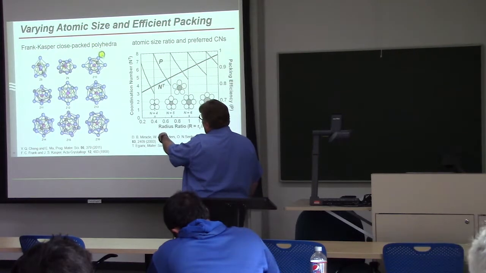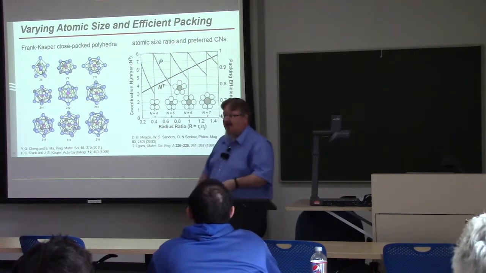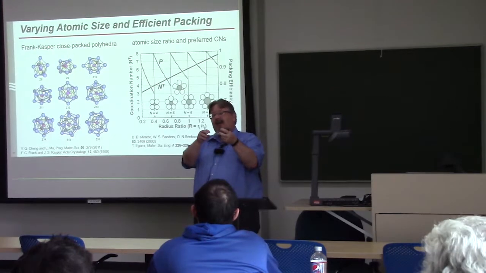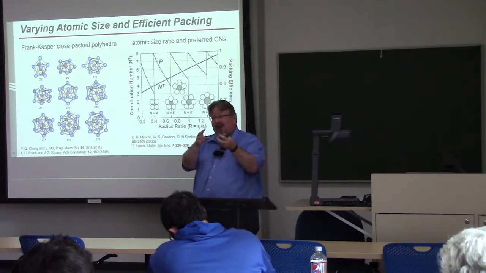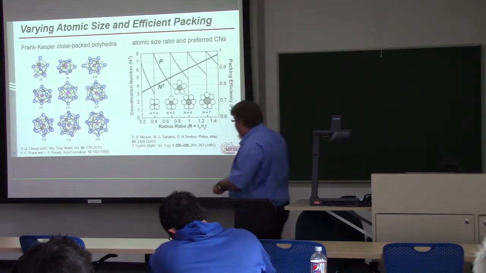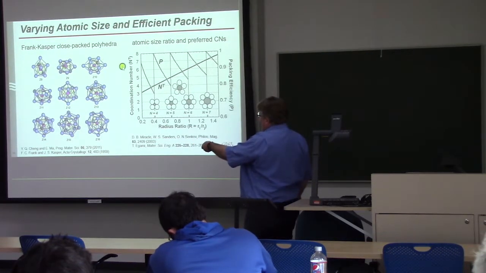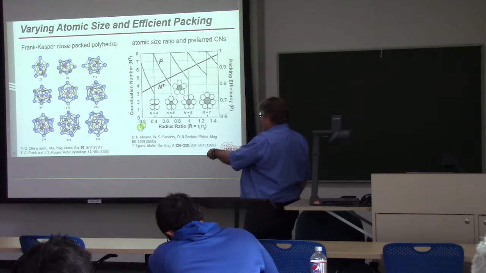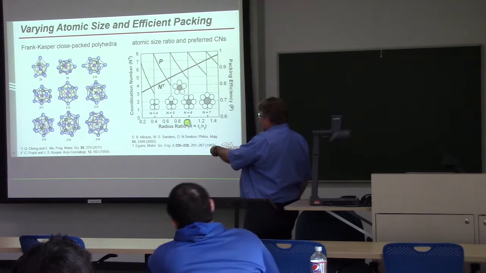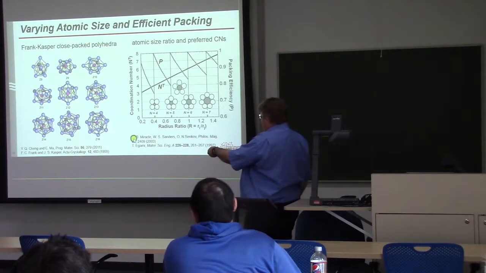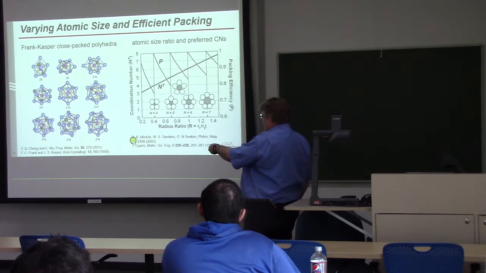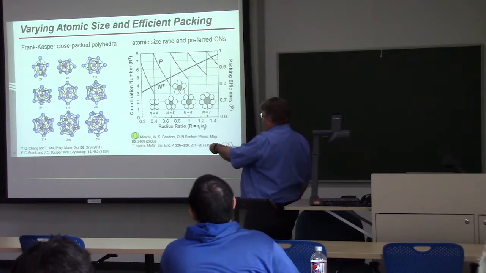These are polytetrahedral structures, so they're made by close packing sets of tetrahedra to make larger polyhedra. It's also possible to work out the mathematics of what are the preferred coordination numbers as a function of the radius ratio of 2 different atoms. And that's been developed initially by Takeshi Yagami and then more extensively by Dan Miracle and his co-workers.